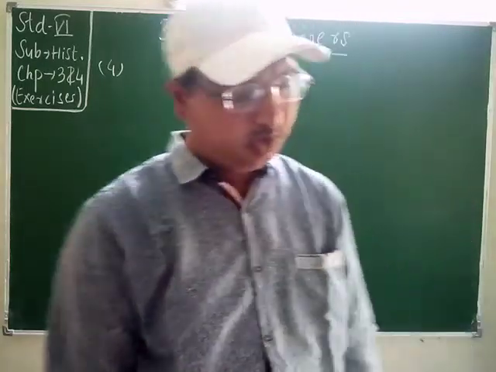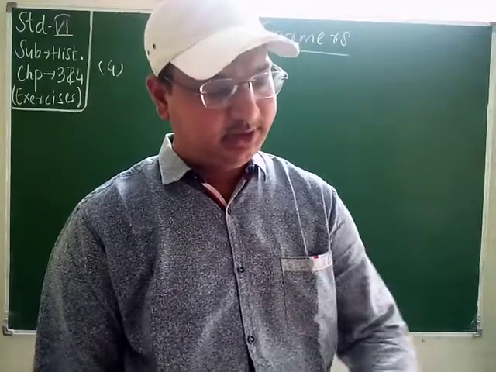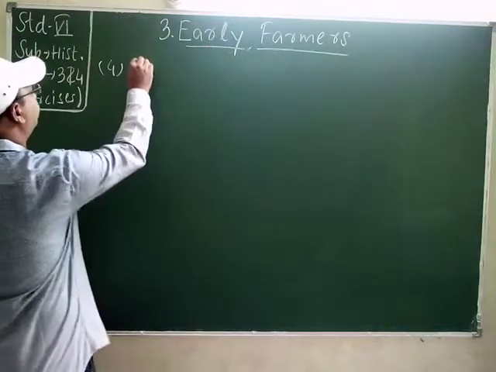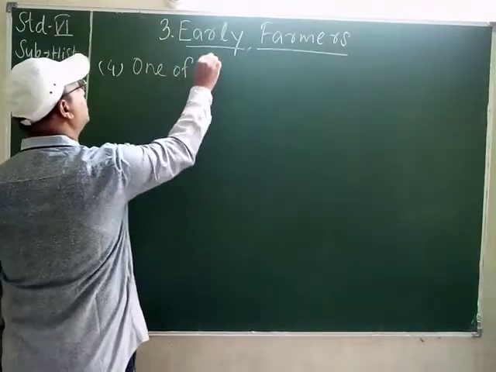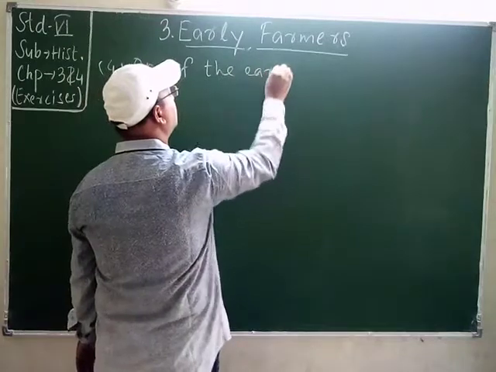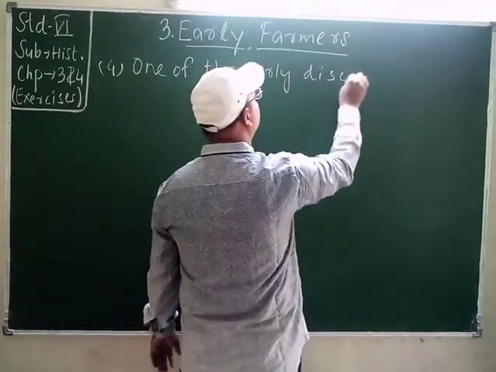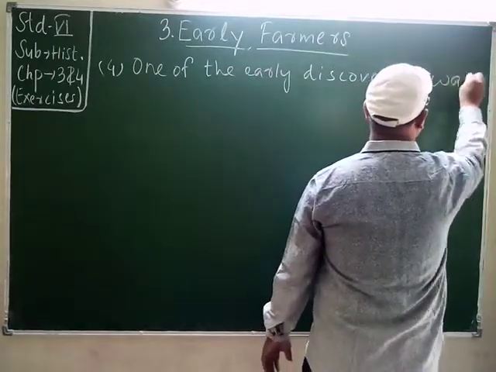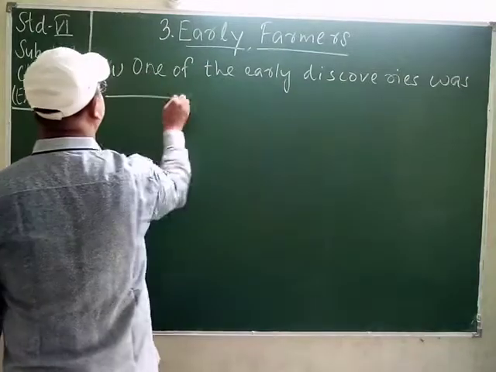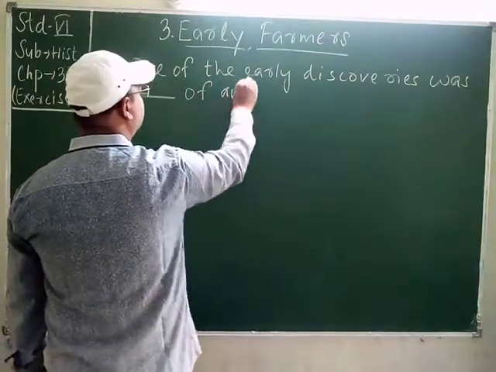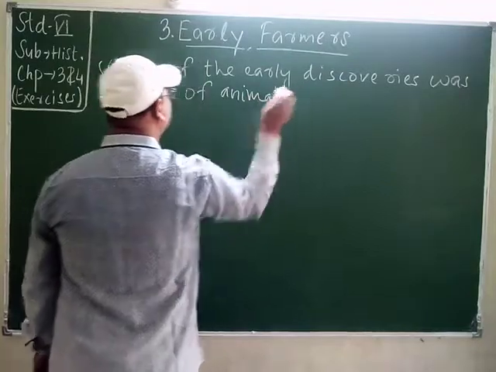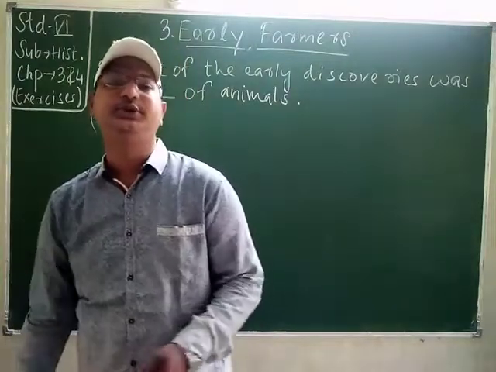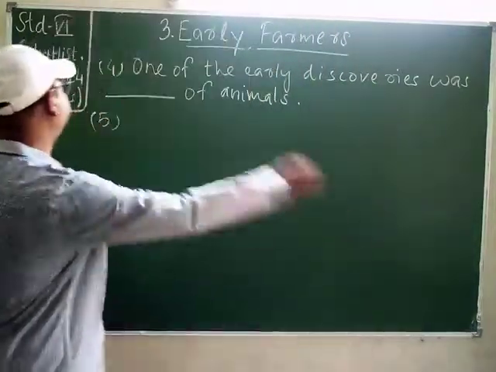Students, then we will move to the fourth fill in the blank, that is, one of the early discoveries was dash of animals. In this question the answer will be taming of animals.